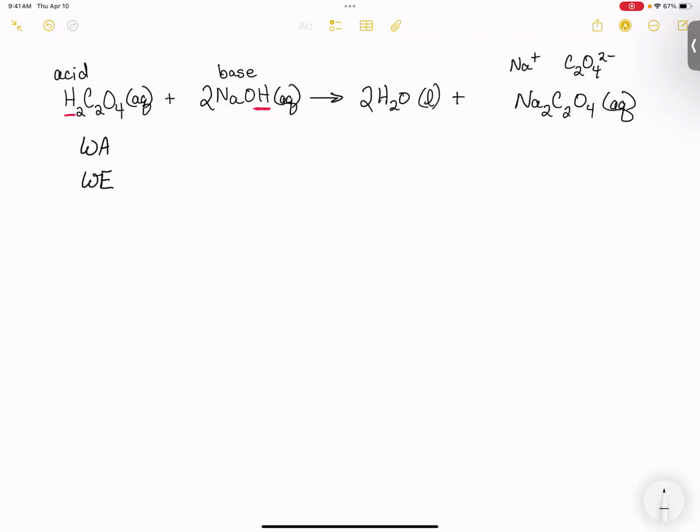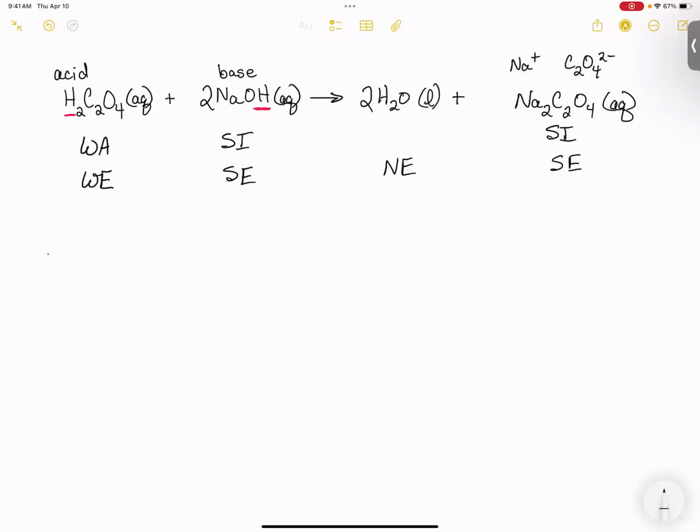Now, sodium hydroxide, being a soluble ionic compound, is a strong electrolyte. Water is a non-electrolyte. And sodium oxalate, being a soluble ionic compound, is a strong electrolyte. We have to know who the strong electrolytes are when we go to the complete ionic, because when we go to the complete ionic, the strong electrolytes are the only substances we break into ions.